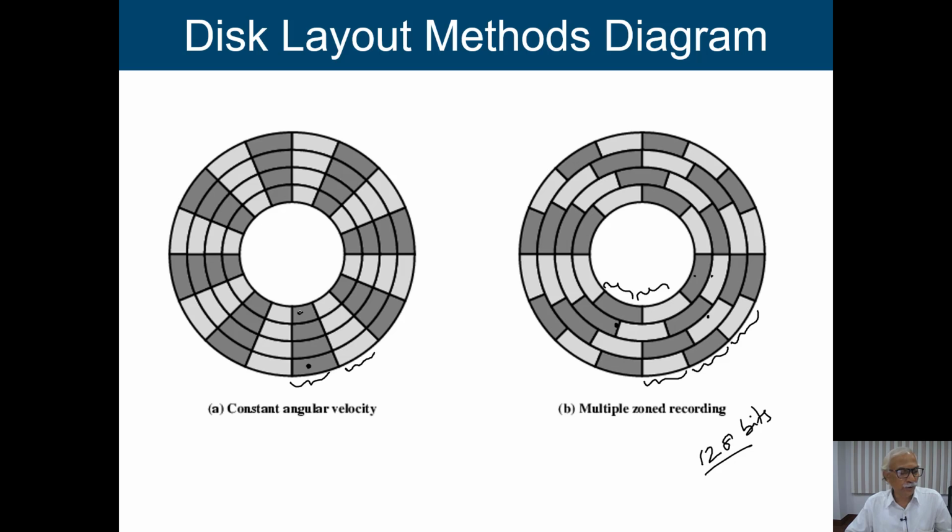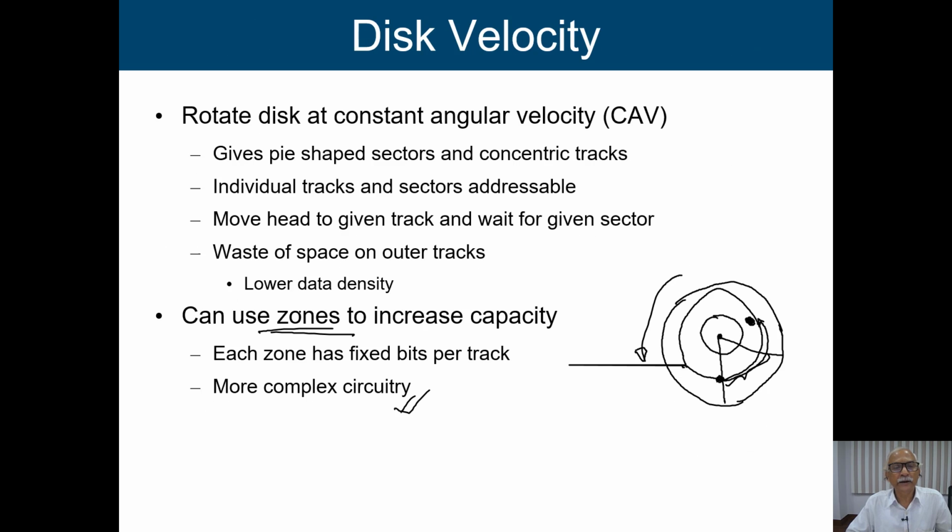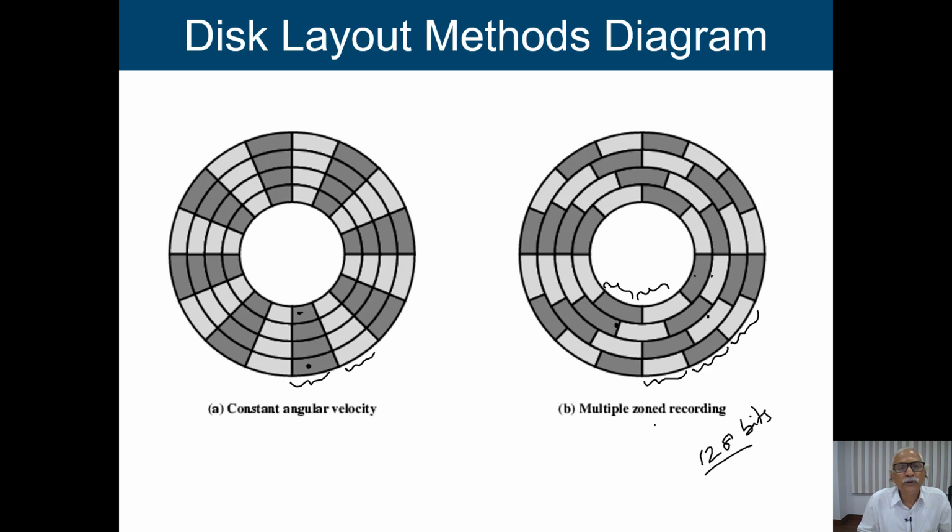We are having two different ways of dealing with it. One is the zones concept and the second one is the pie-shaped structure. So, in case of zones, we are going to store more information because wastage is less, but here we are having a complex circuit to identify each sector.